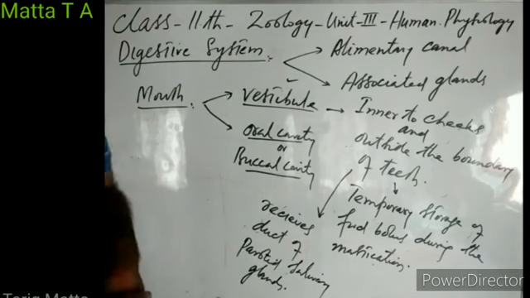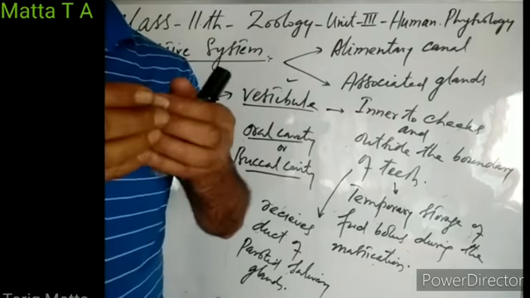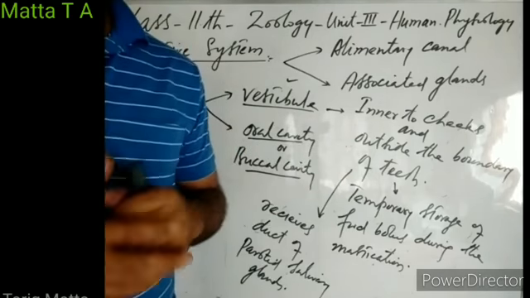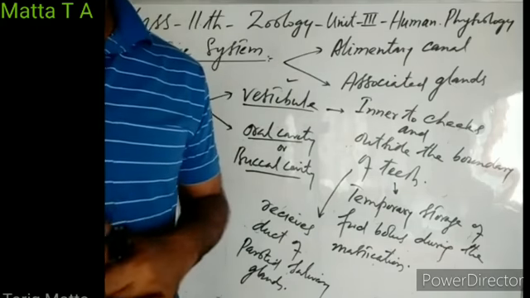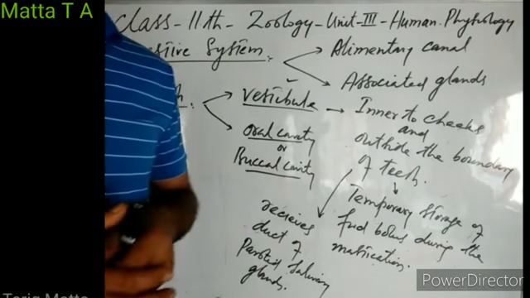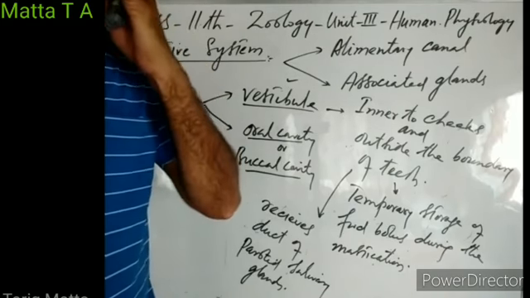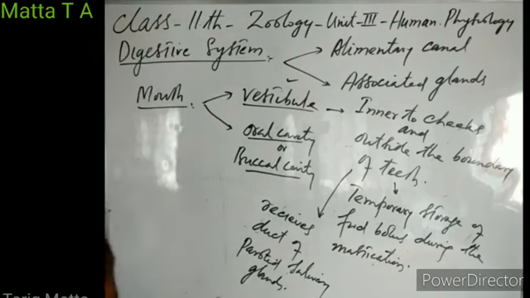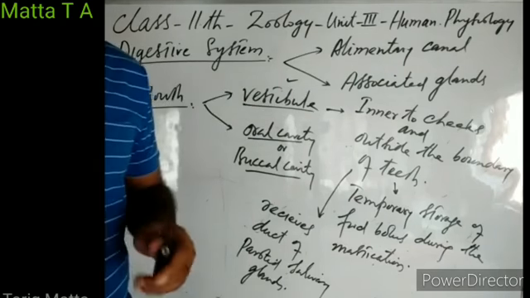So this vestibular cavity is a cavity in our mouth which is outside the boundary of teeth and inner to cheeks. We may use it for temporary storage of food during the process of mastication, particularly when we need to speak, right? And it also receives the parotid salivary gland ducts. From this vestibular cavity, saliva then enters into our oral cavity. So this is the first cavity inside our mouth, that is known as vestibule.